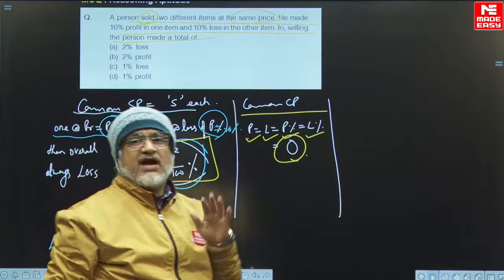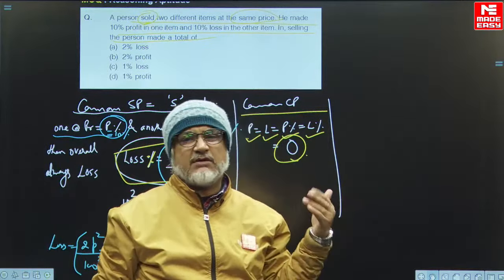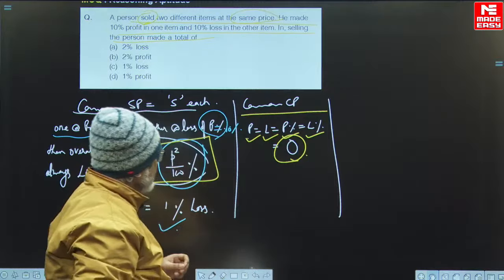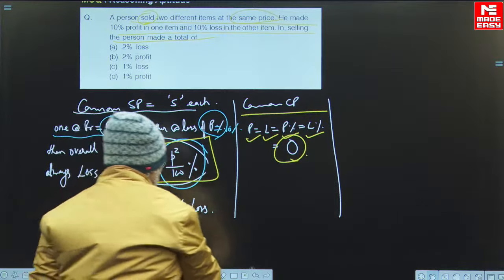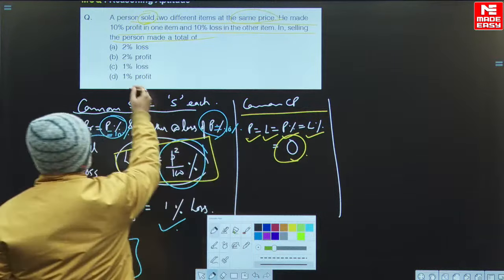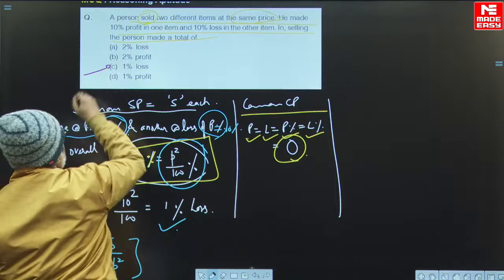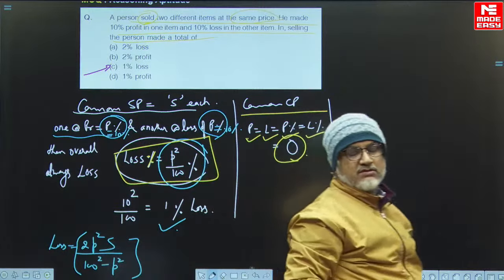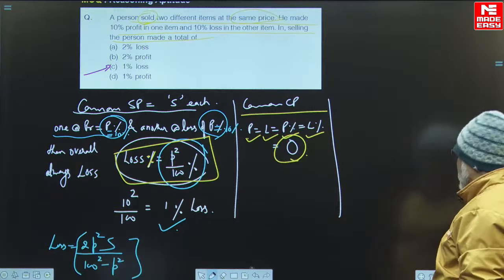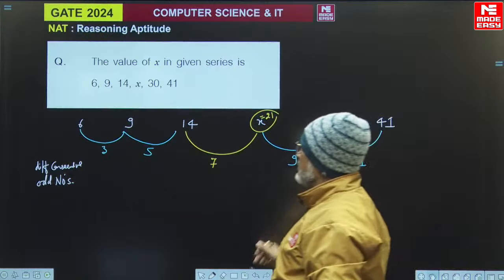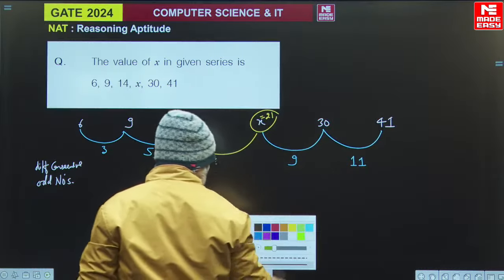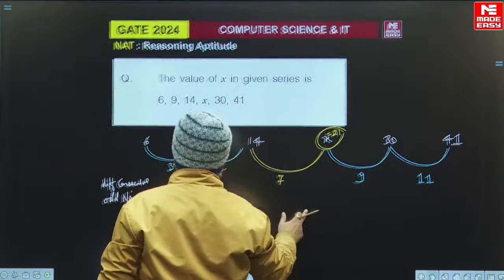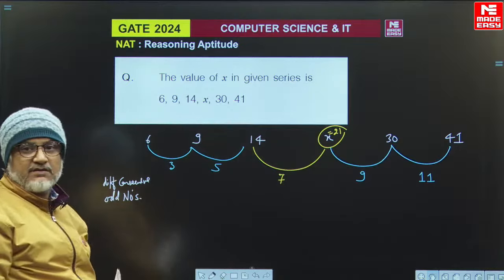If the values were different, the complete derivation has also been given to you in your notes. Anyhow, we started with the easiest one. Effectively there is always a loss which is given by P square upon 100. Now this is again an absolute sitter by all means, and nobody should have missed this one either.